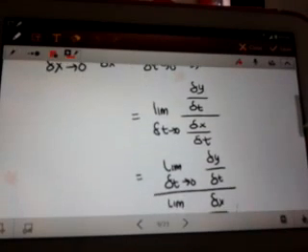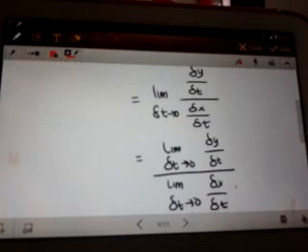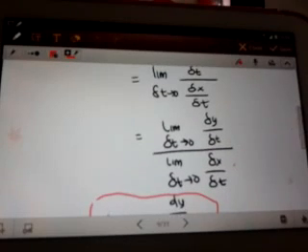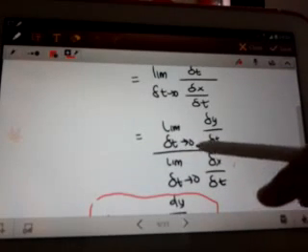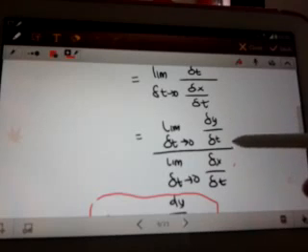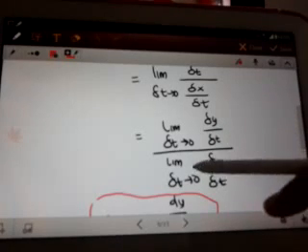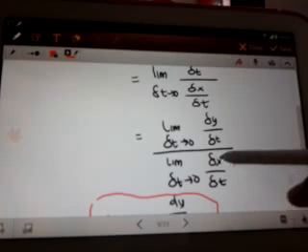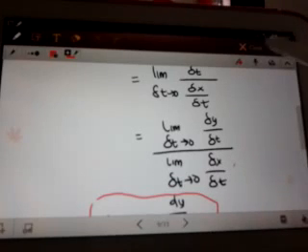Based on the properties of limits, we have the limit as delta t goes to 0 of delta y over delta t, over the limit as delta t goes to 0 of delta x over delta t.